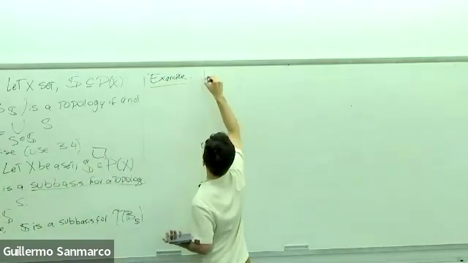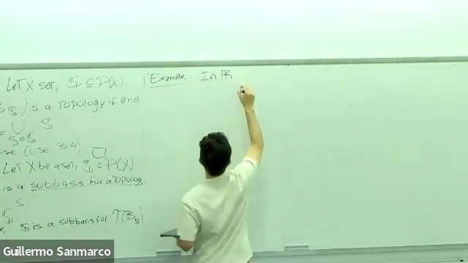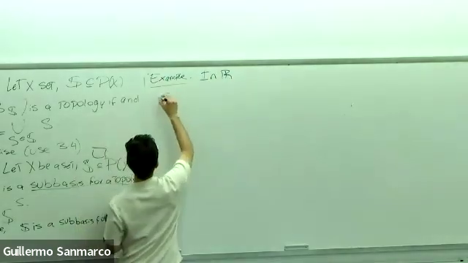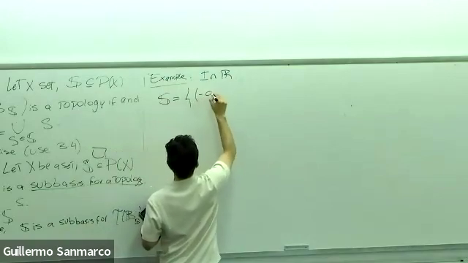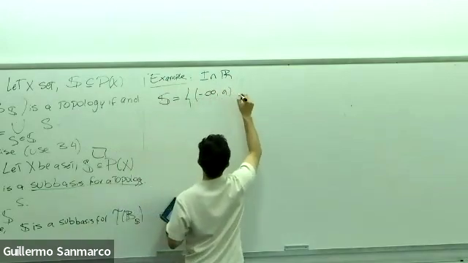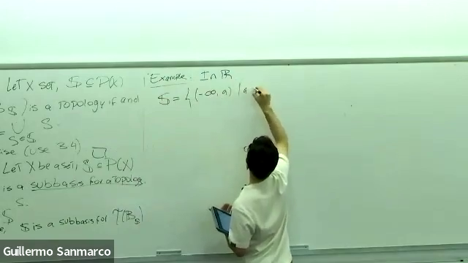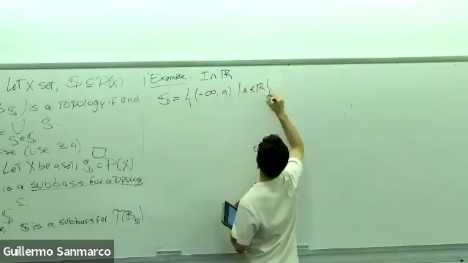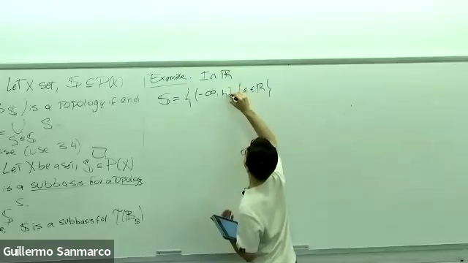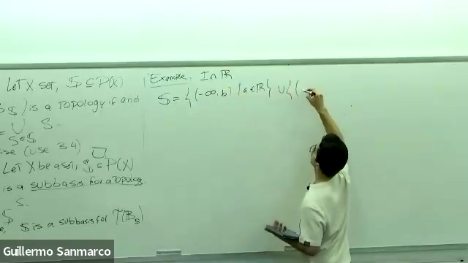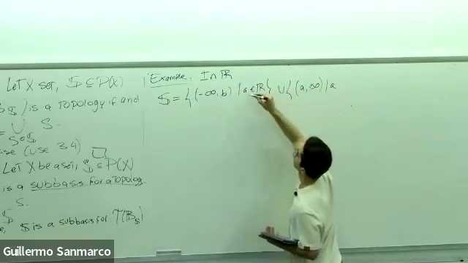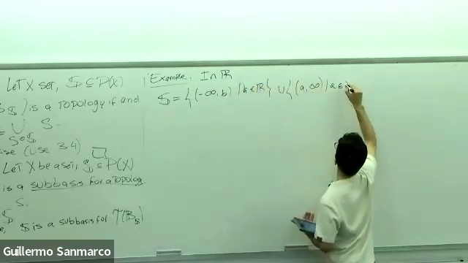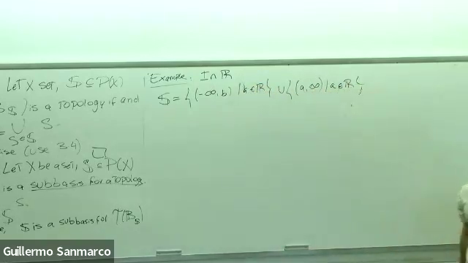But say again, in the real numbers, we could take S to be sets of these four semi-open intervals, where A is a real number. Maybe I want to use B here, or the other kind of open interval you could have. So I'm just taking infinite open lines.